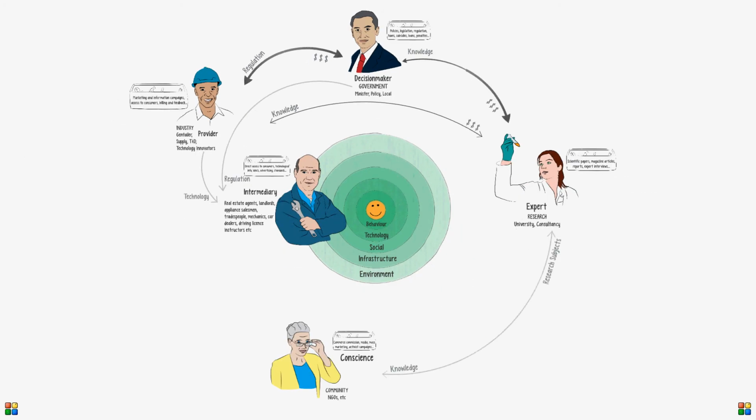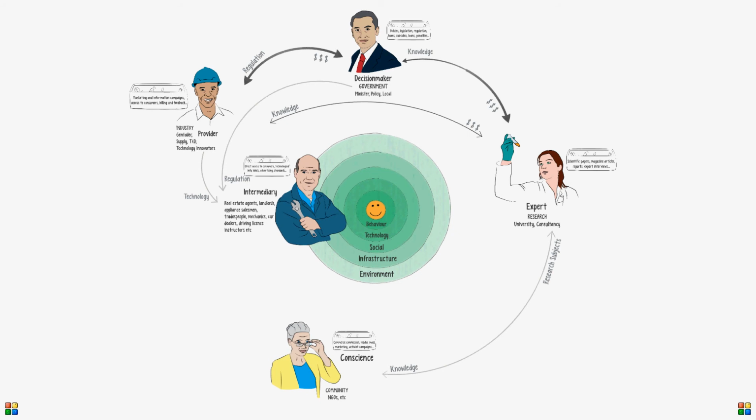To go to the other parts of the system, there is some not so strong two-way relationship between the conscience and the experts. The conscience obviously usually tries very much to translate new knowledge that comes out of the experts area, particularly around environmental or social impacts from the energy system, and sometimes they're research subjects to the experts, but that is a less strong relationship.